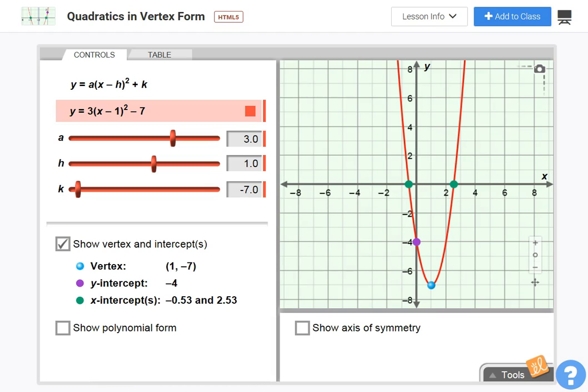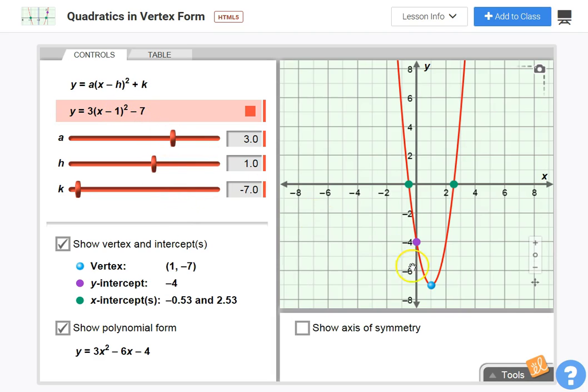We see here the vertex drops below the x-axis but is still to the right of the origin, at 1, negative 7. The equivalent polynomial form there when expanded is what matches in that pair from 1D. So clearly the vertex form needs to be in the form a times x subtract h all squared plus k, because the vertex is easily readable directly from the h value comma the k value.